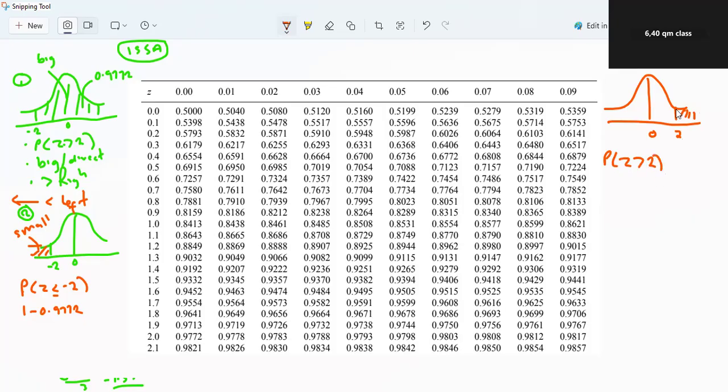So this is to the right. However, since the shading is small, we're going to subtract from 1. So 1 minus the reading of the probability, 0.9772. This is 1 minus 0.9772.